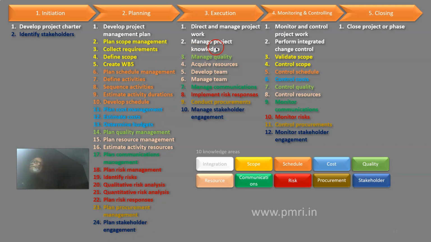Then we get into the execution mode. So execution mode is nothing but implementing those plans and developing the deliverable of the project. So the first process under execution is direct and manage project work, and then manage project knowledge, manage quality, acquire resources, develop team and manage team, and manage communications, and implement risk responses, and conduct procurements and manage stakeholder engagement.